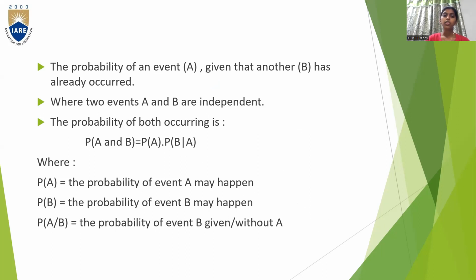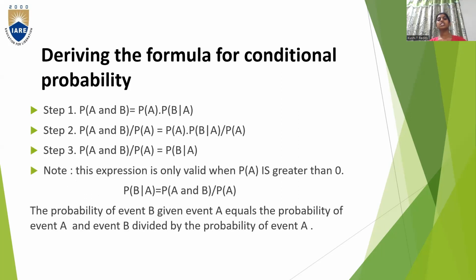The probability of both occurring is P(A and B) = P(A) × P(B|A), where P(A) is the probability of event A happening, P(B) is the probability of event B happening, and P(B|A) is the probability of event B given A. Now let us see the formula of conditional probability and how to derive it.